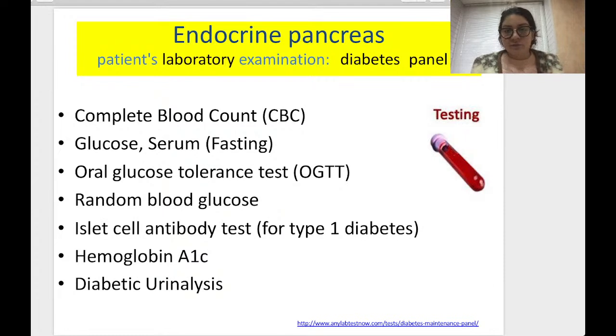That's why for us, for compensation and confirming the presence of diabetes, we need a more reliable test, and this more reliable test is glycated hemoglobin. It shows you the situation with glycemia and compensation of this glycemia during 3 months. And additionally to all those tests, we have diabetic urine analysis.